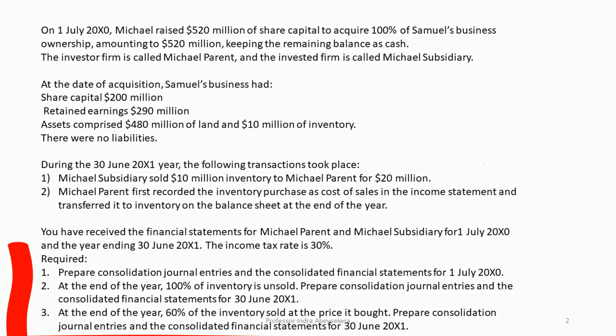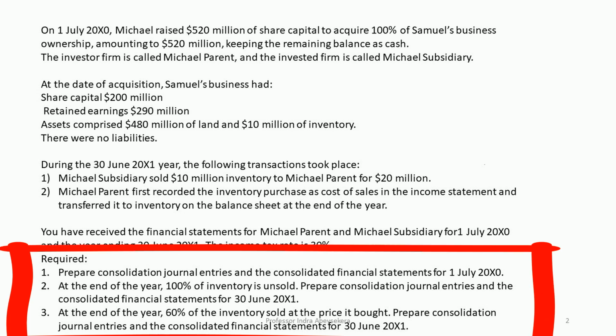Required: 1. Prepare consolidation journal entries and the consolidated financial statements for 1st July 20X0 at the date of acquisition. 2. At the end of the year, 100% of inventory is unsold.